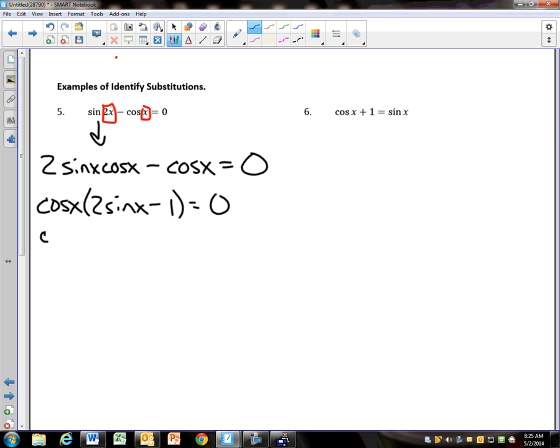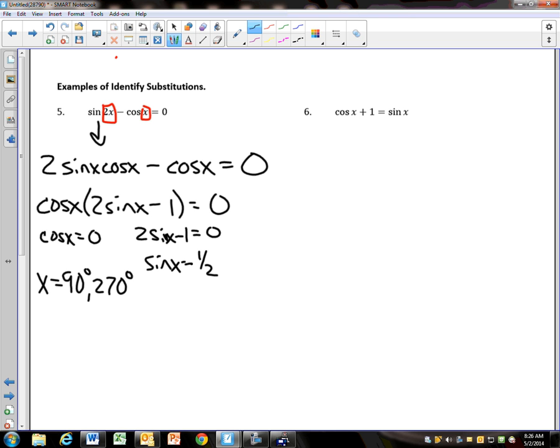So we have two equations. Cosine of x equals 0 and 2 sine of x minus 1 equals 0, which can be simplified to sine of x is equal to 1/2. Where's cosine of x equal to 0? 90 and 270. Good, we've already said that once.